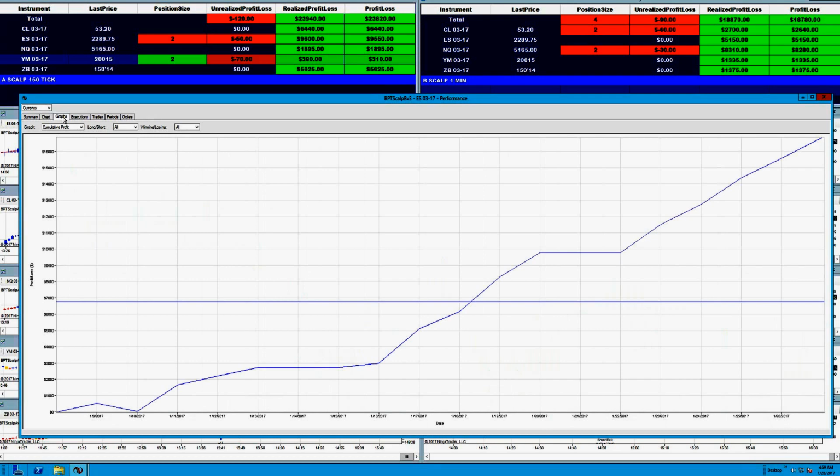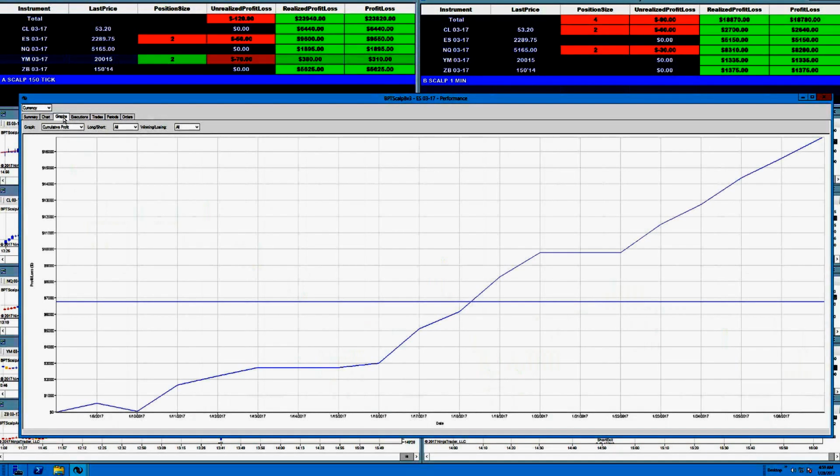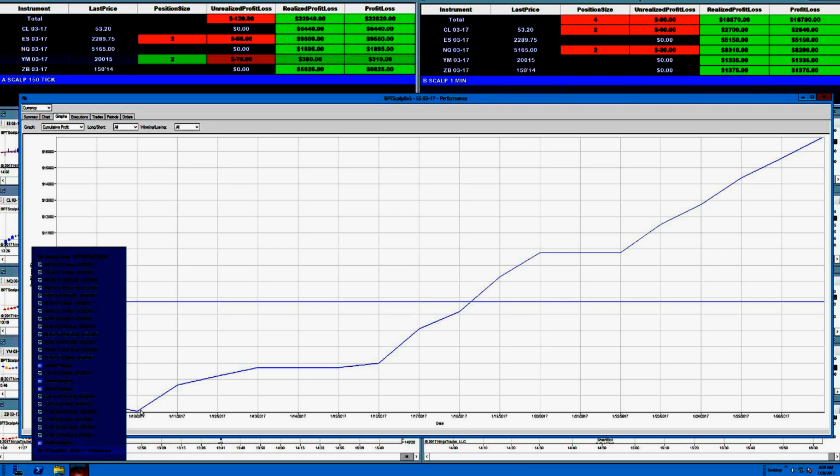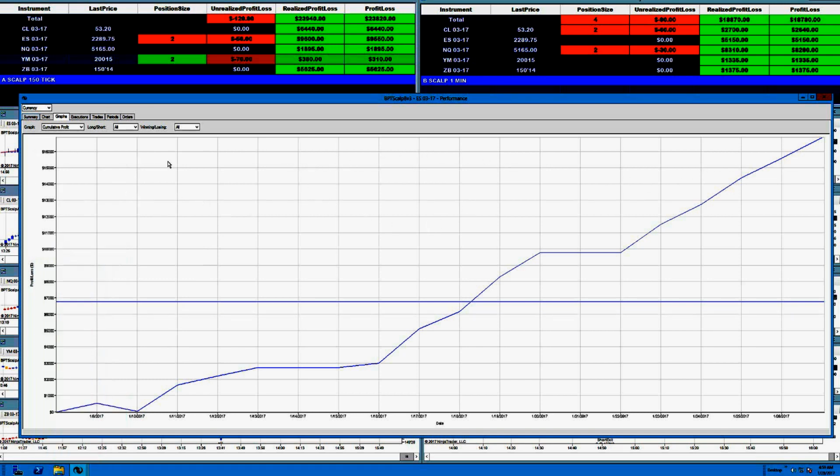And then we look at the graph, and we can see this one started, and it's been for 1 month. This one started from 1/10/2017 and all the way up here to 1/26/2017, and yesterday was 27.